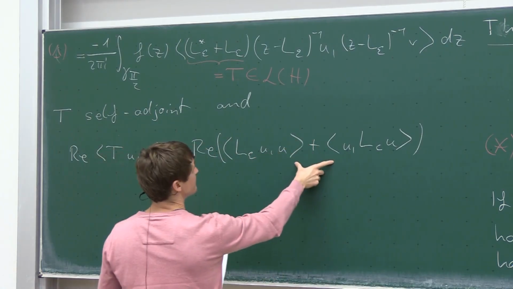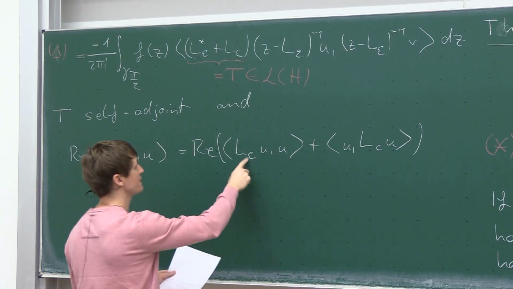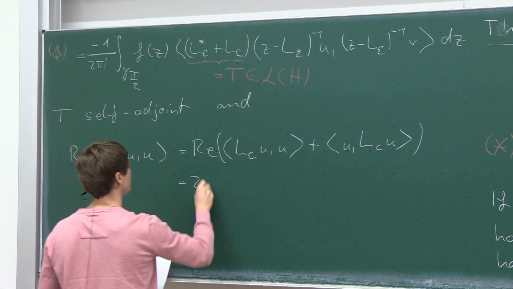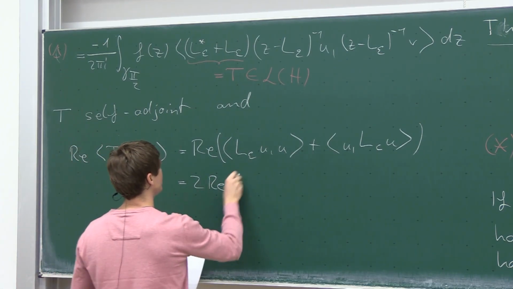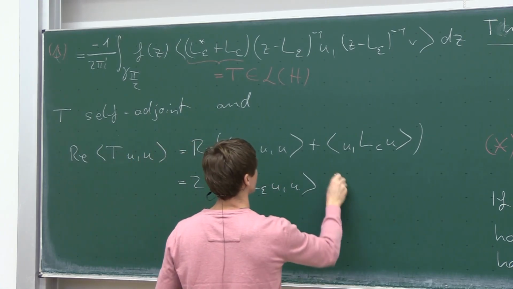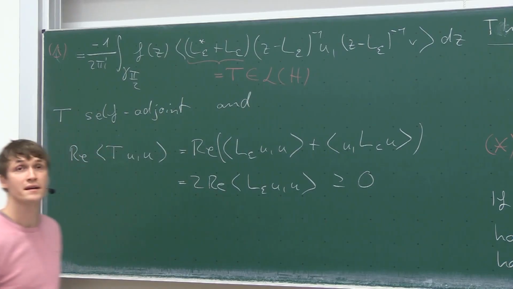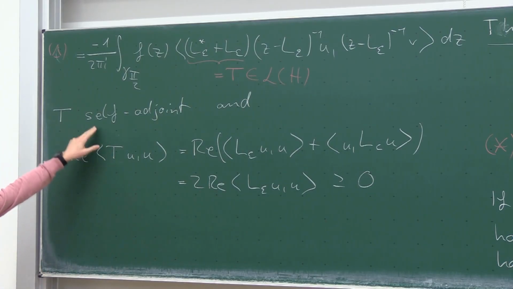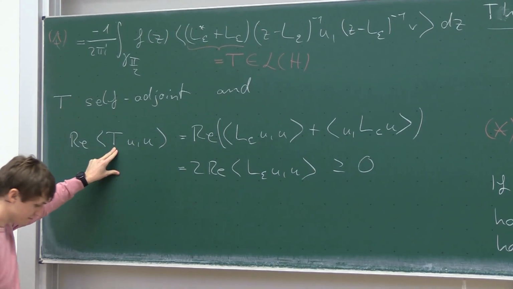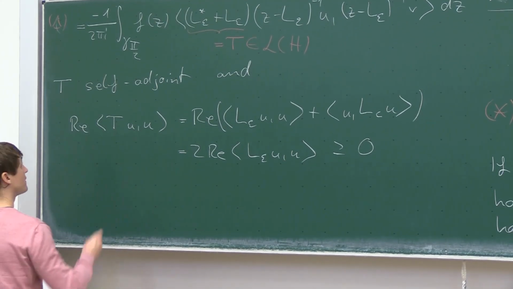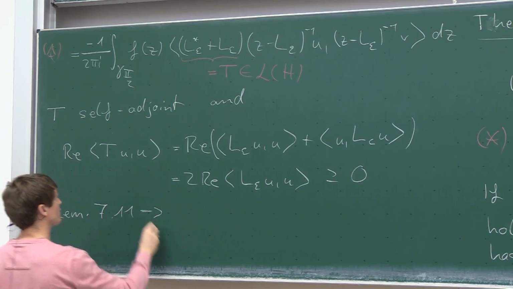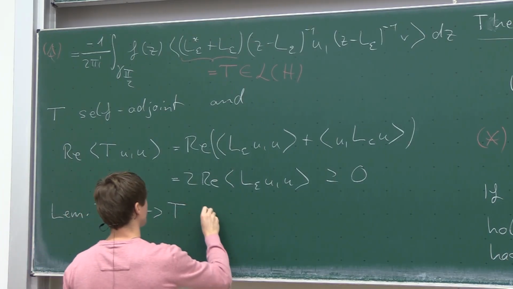But this itself is again the real part of the inner product of L epsilon u with u, or twice this real part. And by m-accretivity of L epsilon, this is non-negative. So T itself is not just a self-adjoint operator, it's an m-accretive operator. And so by lemma 7.11, it follows T is m-accretive.